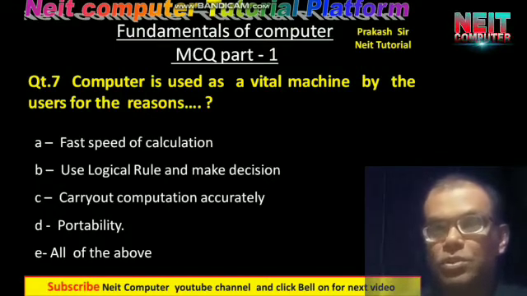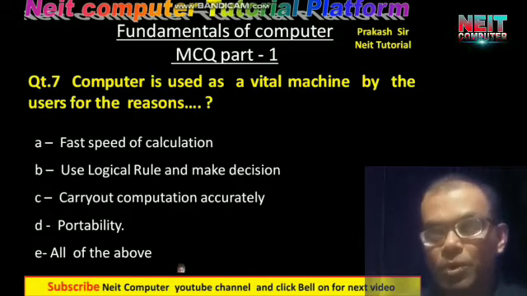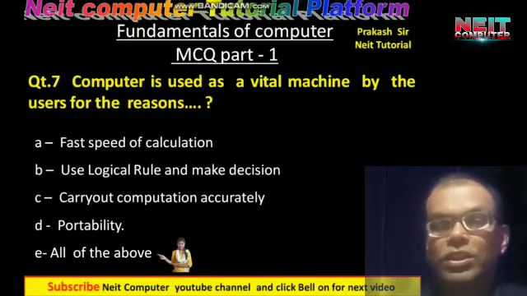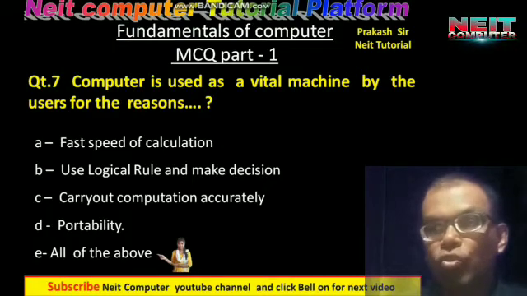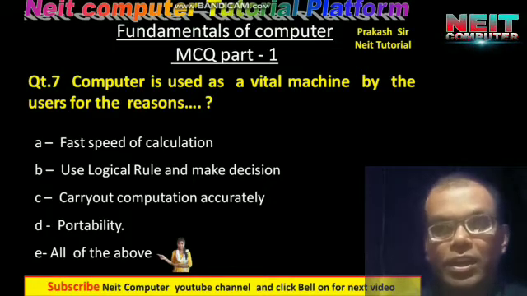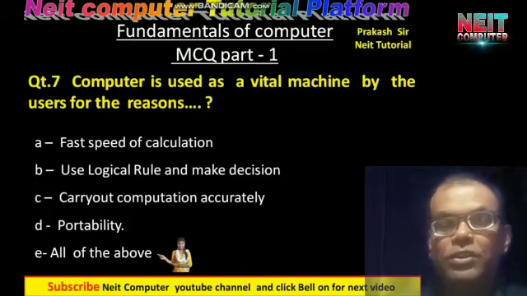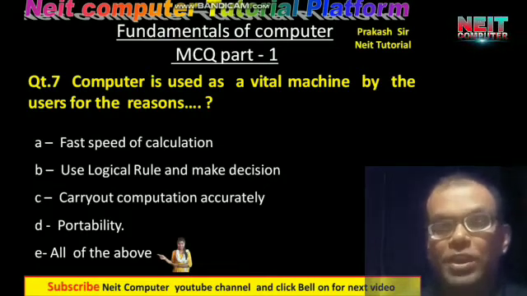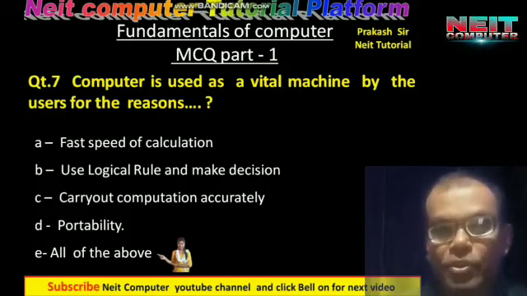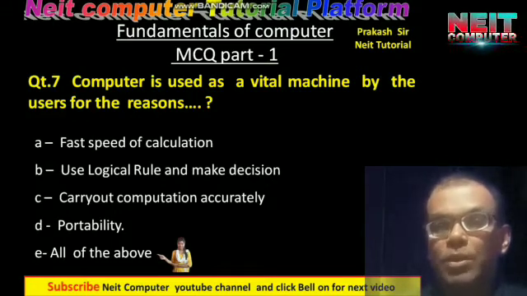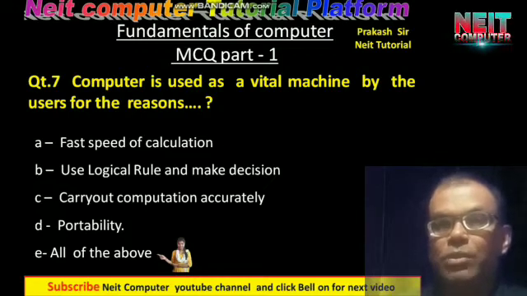So the correct answer is all of the above because computer calculation is very fast, it uses logical rules and it can make a decision also. Portability, because the computer size is very small, so it can be taken from one place to another place easily, just like the example of a laptop. So the answer is all of the above.